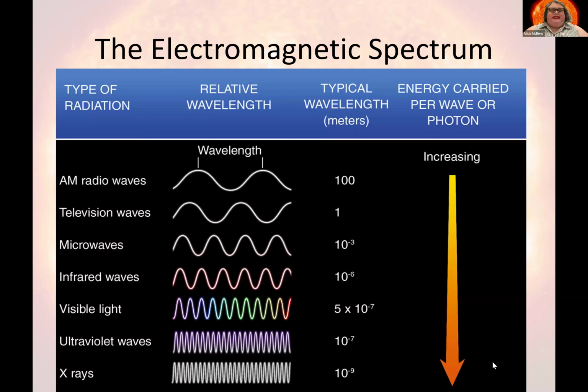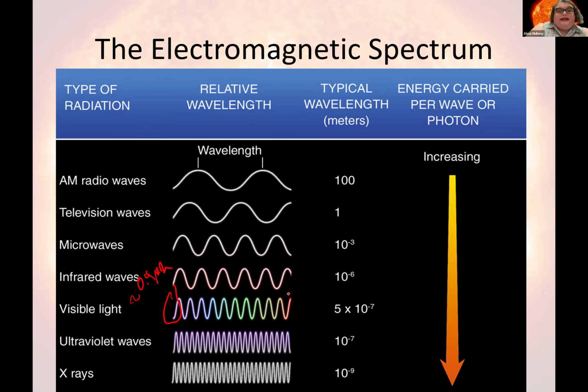Now, one quick thing about visible light. Have you ever heard of Roy G. Biv? Red, orange, yellow, green, blue, indigo, violet. Well, what if I told you that the person who taught you that lied to you? It's actually in reverse. In terms of shortest to longest wavelengths, the shortest wavelengths are violet, roughly around 0.4 microns.